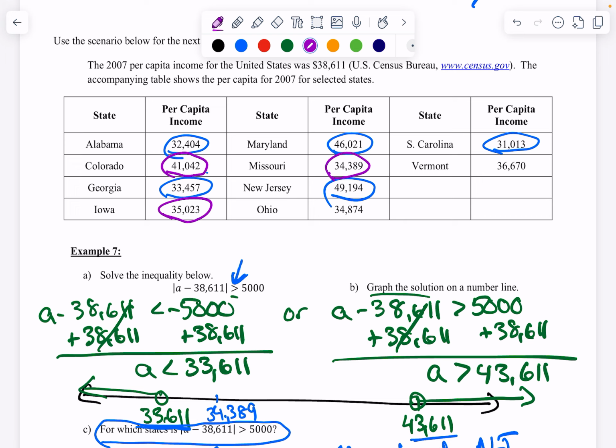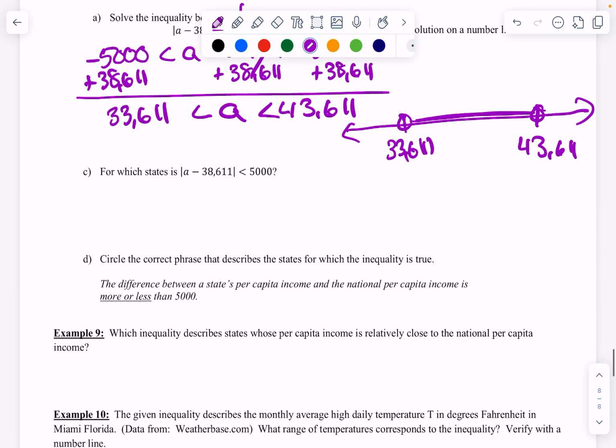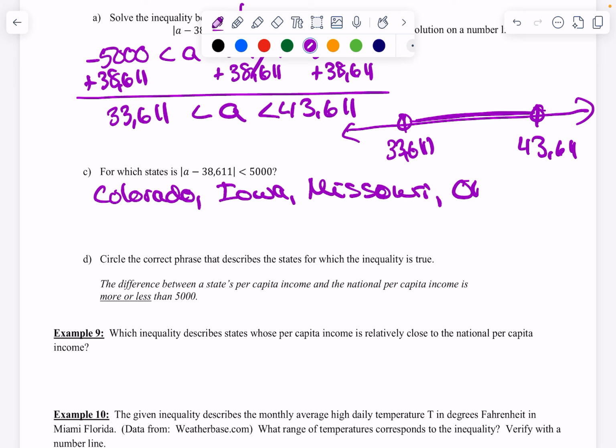So Missouri. 34,874 is in between. So Ohio. And 36,670 is in between. So Vermont. So Colorado, Iowa, Missouri, Ohio, and Vermont.